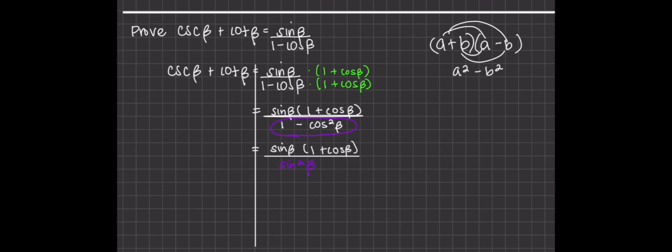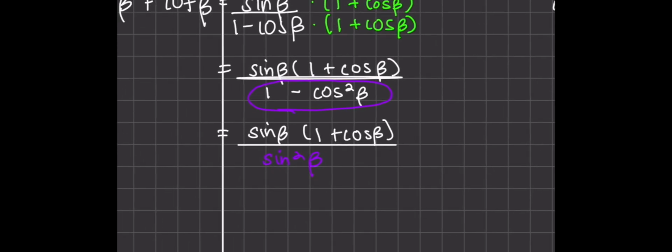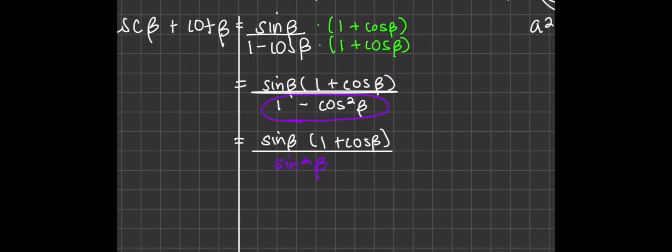And just as I said, woohoo, we are going to have a sine on top and a sine on the bottom that we can reduce. We are allowed to do this because of multiplication. So I can go ahead and reduce this sine with one of the sines in the denominator. I'm left with 1 plus cosine of beta over sine of beta.